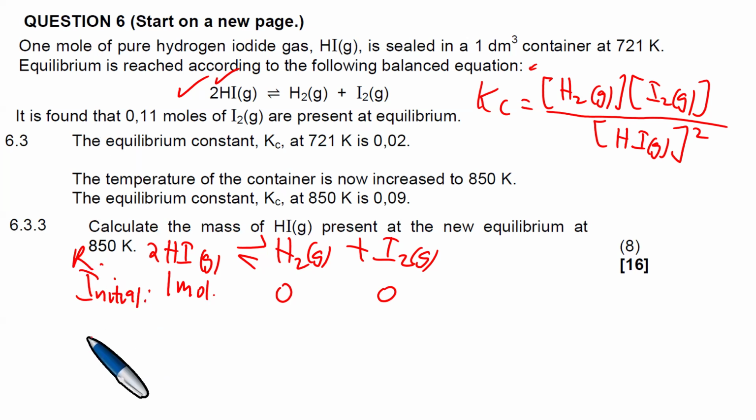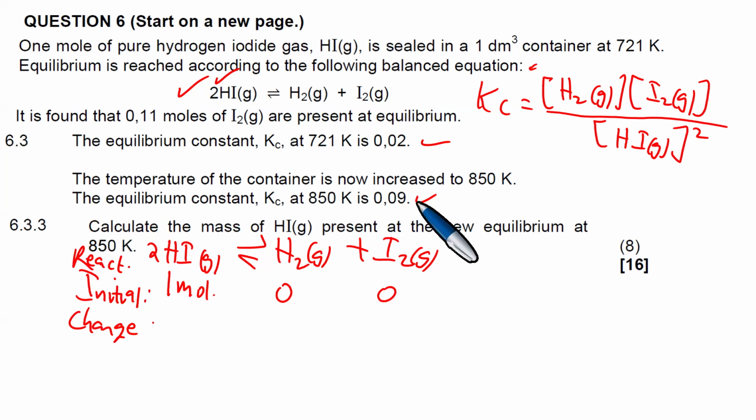We're looking at the rise. So these are the reaction, initial and the change, and we're looking at the rise. Obviously there are two equilibrium values in this question, so it's something you need to take note of.